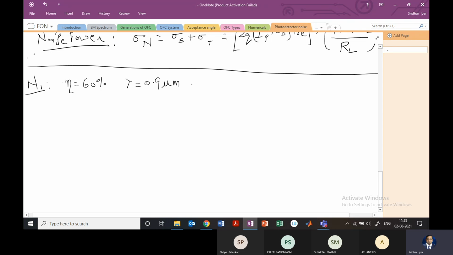The dark current in the device at this operating point is 3 nanoamperes. So the dark current ID is 3 nanoampere, and the load resistance RL is 4 kilo ohm.